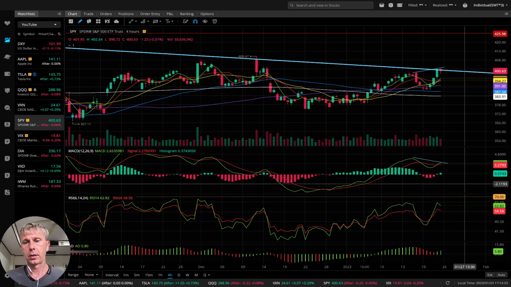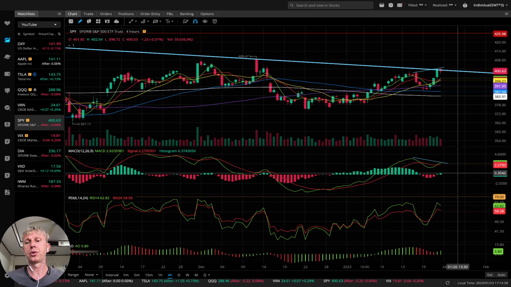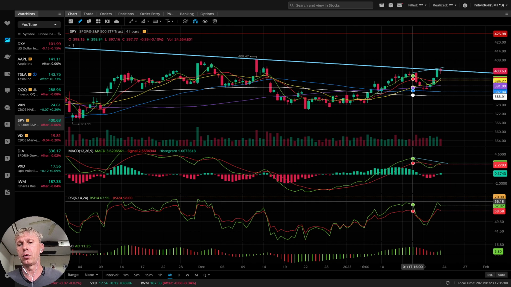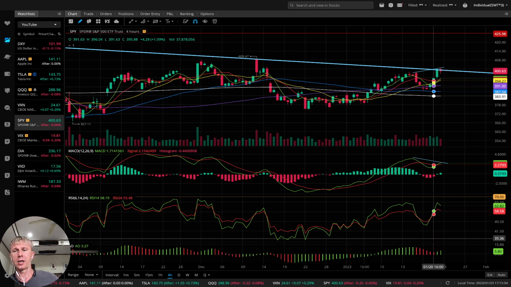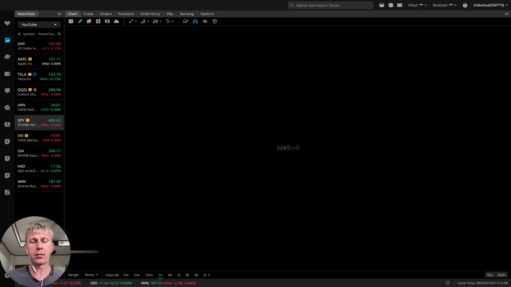Bullish trend on all indicators with bearish divergences, on multiple indicators.